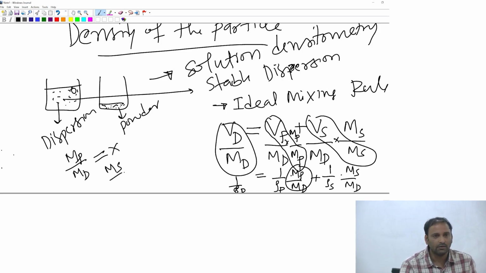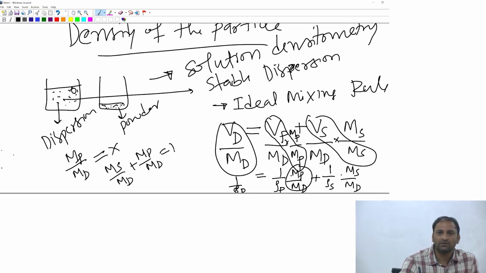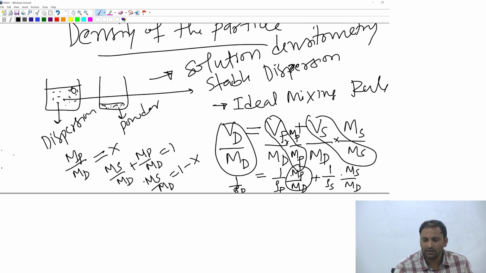So ms by md plus mp by md has to be 1, because the mass fraction of solvent plus the mass fraction of particle is going to be 1. Therefore, ms by md is going to be 1 minus x, because mp by md is x.